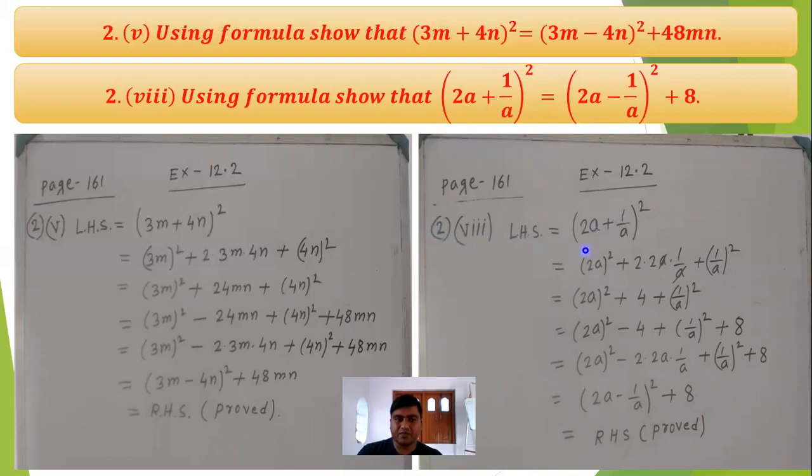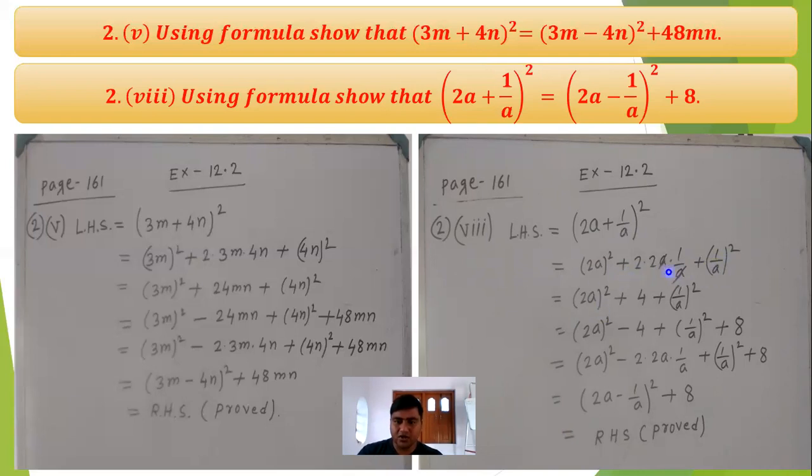Left hand side is (2a + 1/a) whole square. This is equal to formula of (a + b) whole square: (2a) whole square plus 2 into 2a into 1/a plus (1/a) whole square.